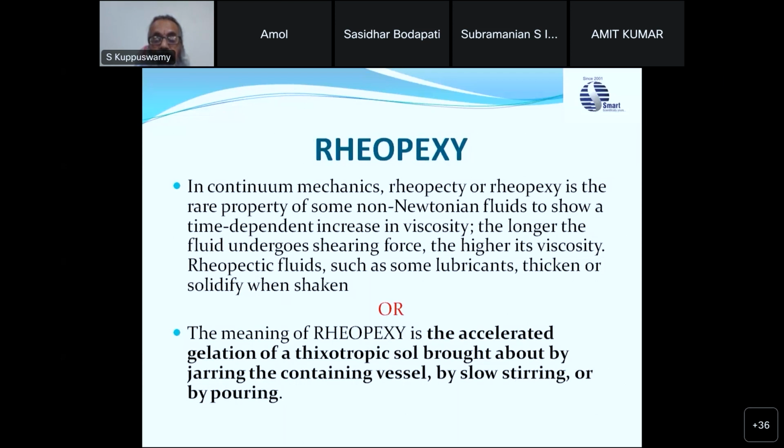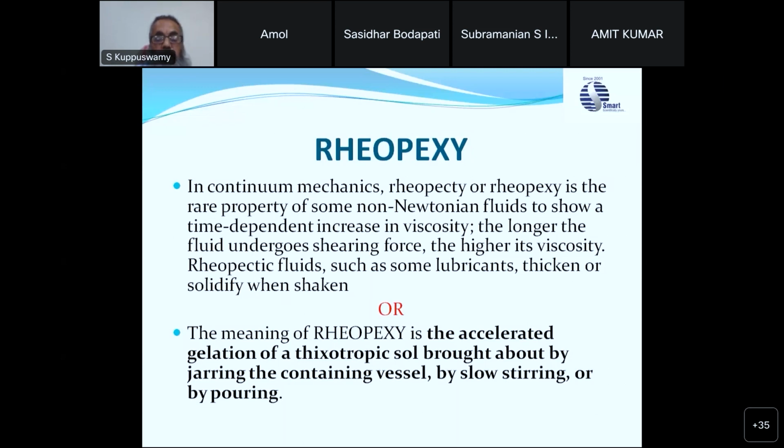Rheopectic fluids such as some lubricants thicken or solidify when shaken, or the meaning of rheopexy is the accelerated gelation of a thixotropic sol brought about by jarring the containing vessel, by slow stirring or by pouring. It's basically a type of colloid, thixotropic sol. Yes, and when you subject it to a shake or a shock, exactly.